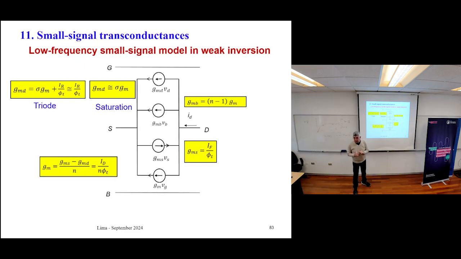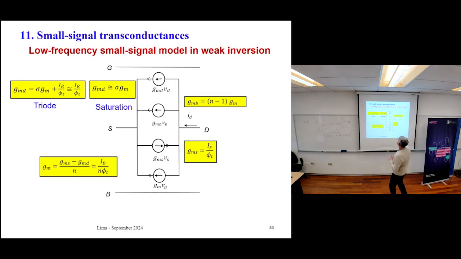If VDS is equal to 0, ID is equal to 0. So at the origin, at VDS equal to 0, GM is always equal to 0. And GMB is always equal to 0 as well when ID equals 0.